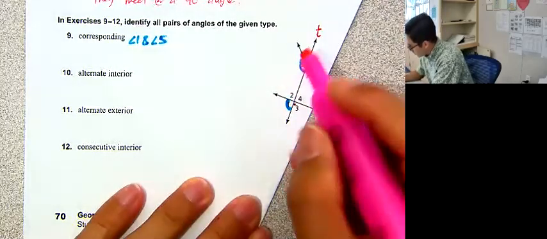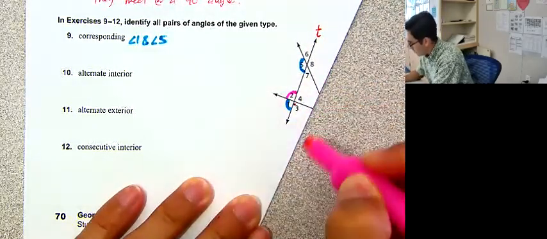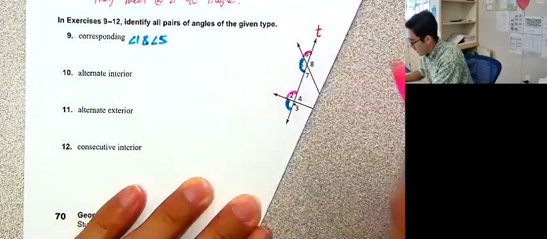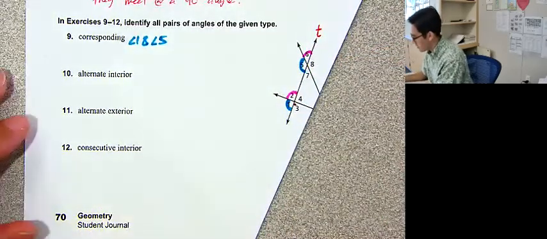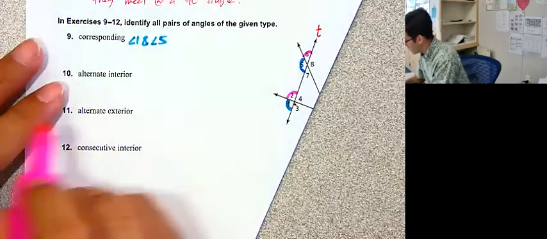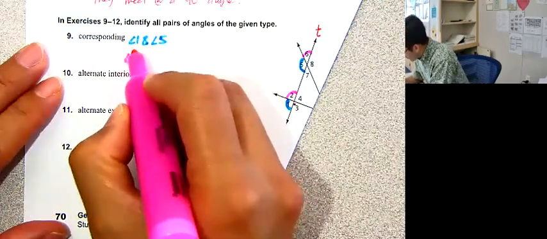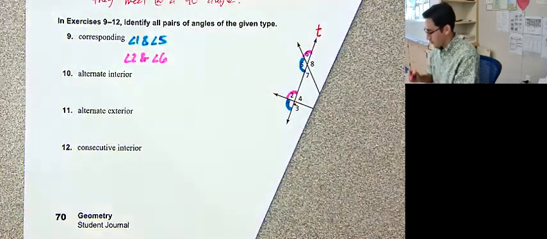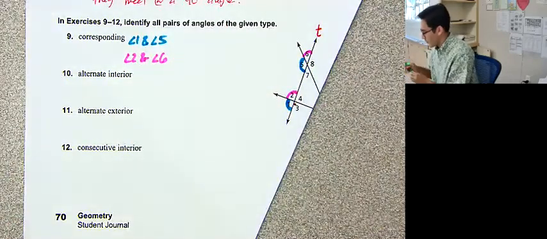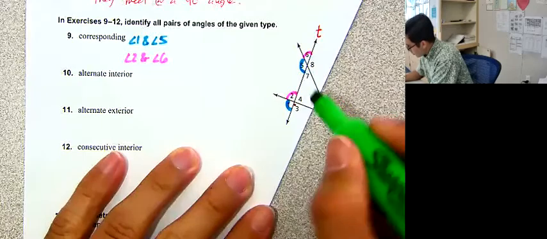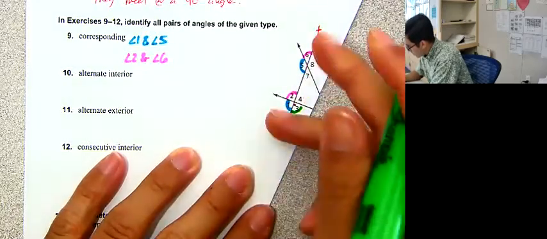Angle 2 is in the top left position, and over here angle 6 is in the top left position. So those two angles have the same relative position: angle 2 and angle 6. Angle 3 is in the lower right position.